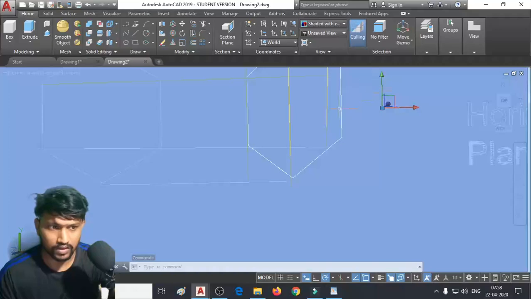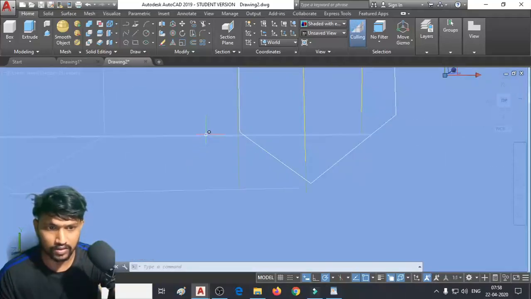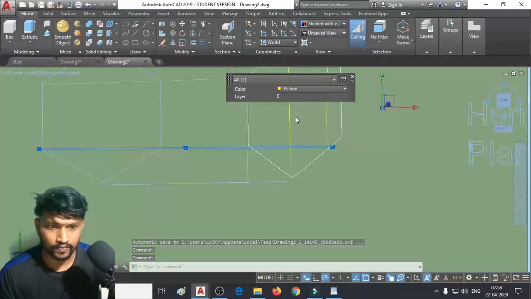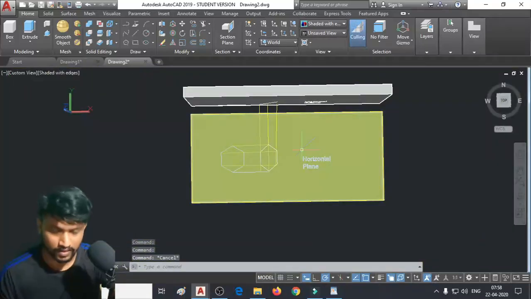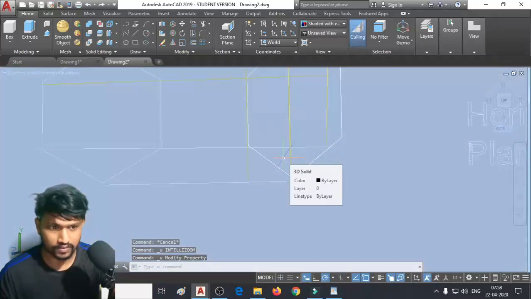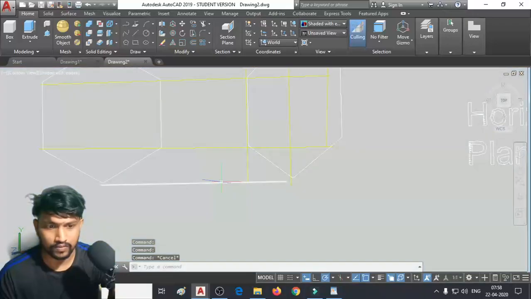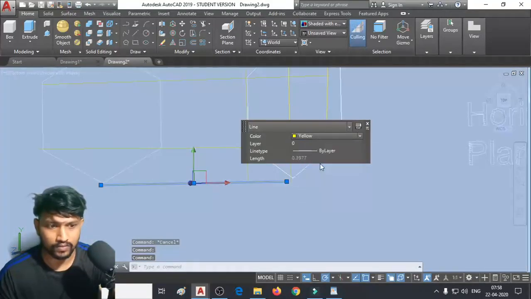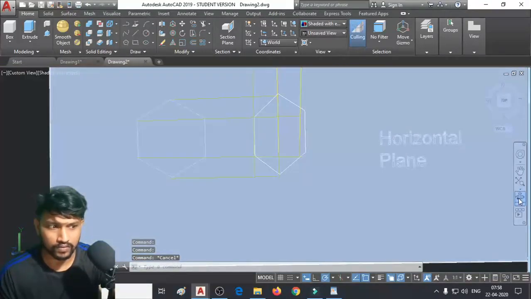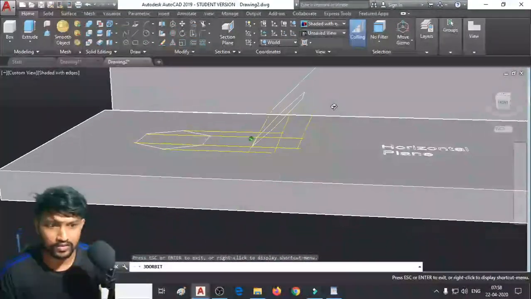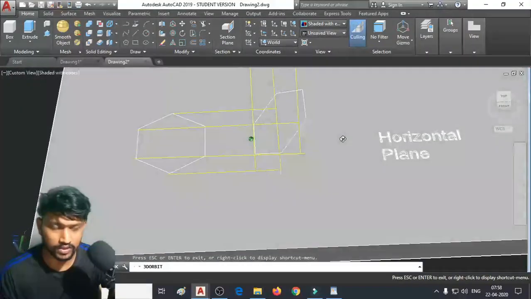No, not the solid. I don't want to change the color of the solid. These yellow lines are the projection lines.